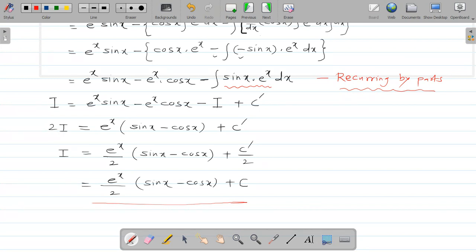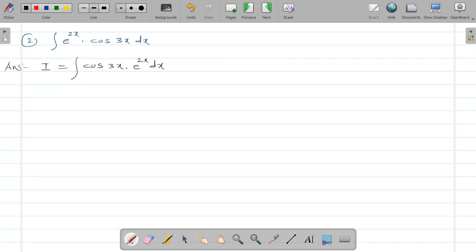Now see the next example. It is the integration of e raised to 2x into cos 3x dx. Here also we have to rearrange the function. We take cos 3x first and then e raised to 2x dx. Now apply the steps using the integration by parts rule.